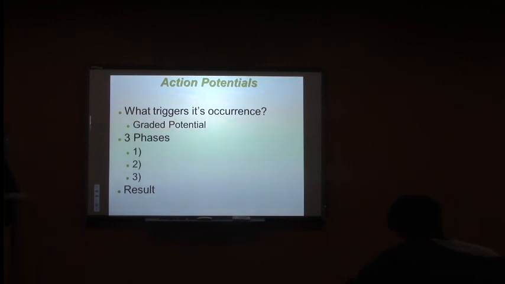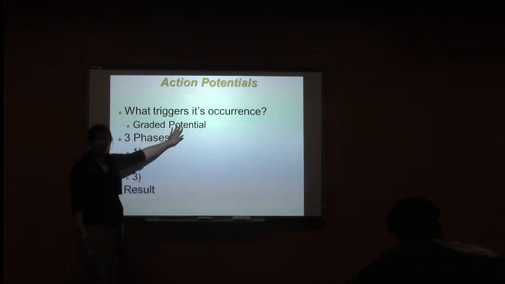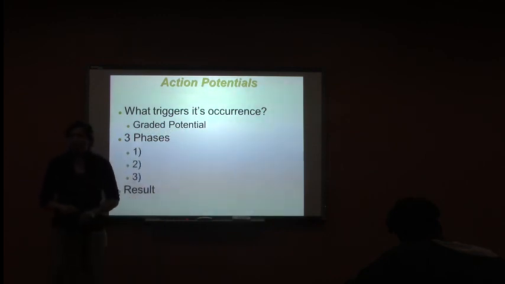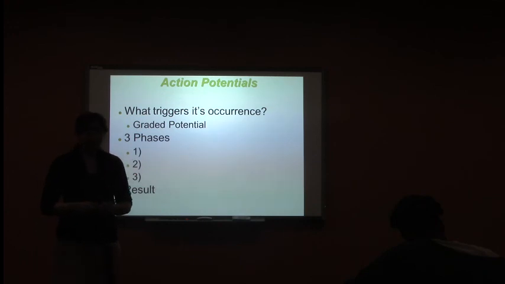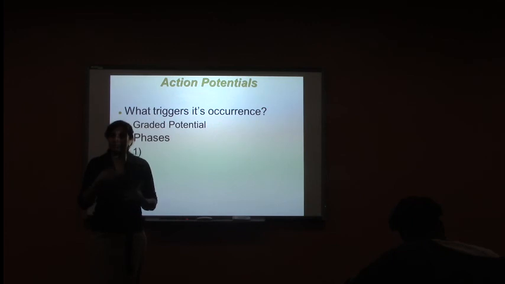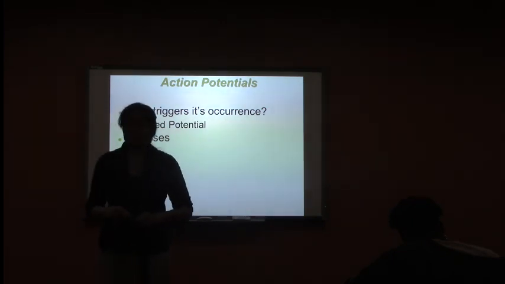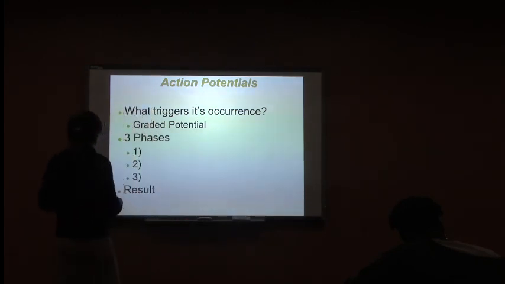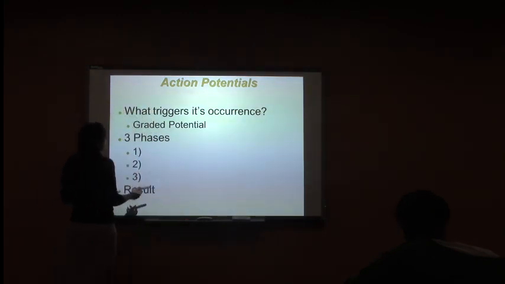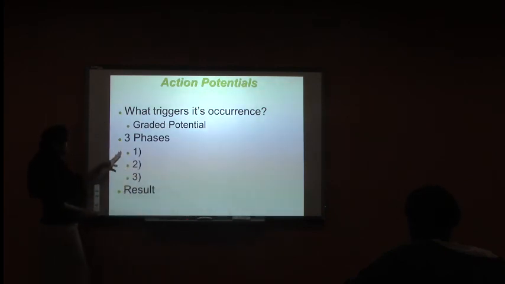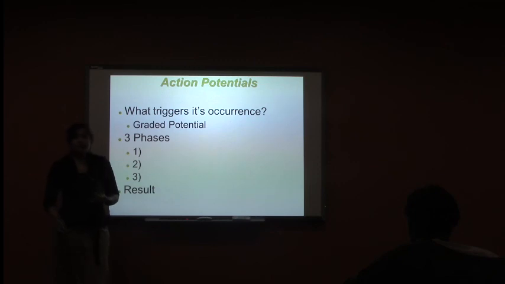Action potential. What triggers its occurrence? Right now, just know gradient potential. Now in physiology, this goes extremely in detail. Right now I'm just setting up certain basics, so when you go into physiology, you won't be completely lost. What triggers its occurrence? Gradient potential. I'll tell you what that is a little bit later. Now, action potential has three phases, and they occur in this particular order.